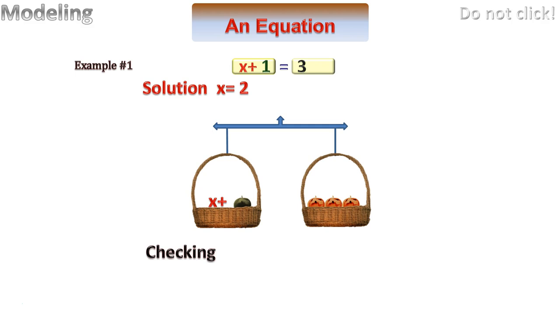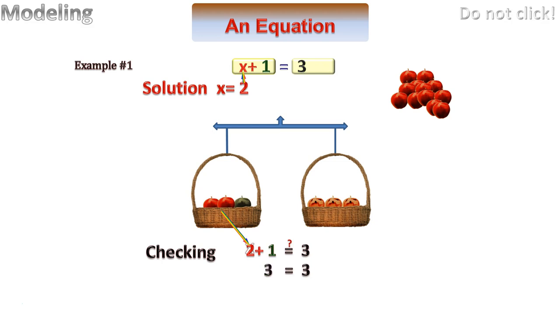We can do this physically, replacing x by 2 red apples, and we can see the system is in balance. Or we can use algebra. We have to replace the variable x by number 2 and check: is the left side equal to the right side? 2 and 1, is it equal to 3? Yes. So now we can say, yes, x equal to 2 is a solution.